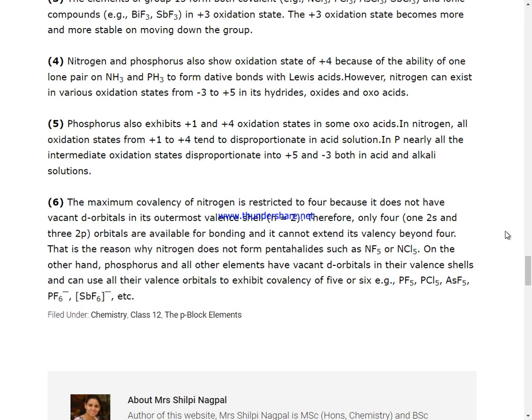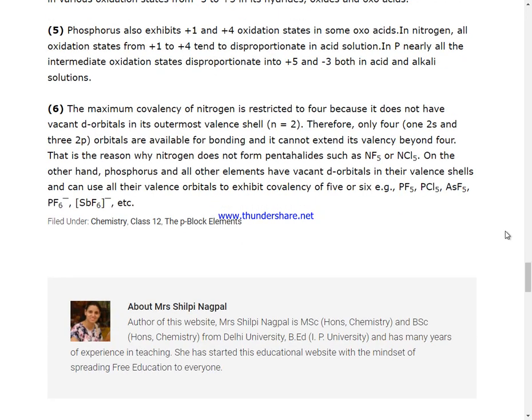Phosphorus also exhibits +1 and +4 oxidation states in some oxoacids. In nitrogen, all oxidation states from +1 to +4 tend to disproportionate in acid solution. In phosphorus, nearly all the intermediate oxidation states disproportionate into +5 and -3 both in acid and alkali solutions.